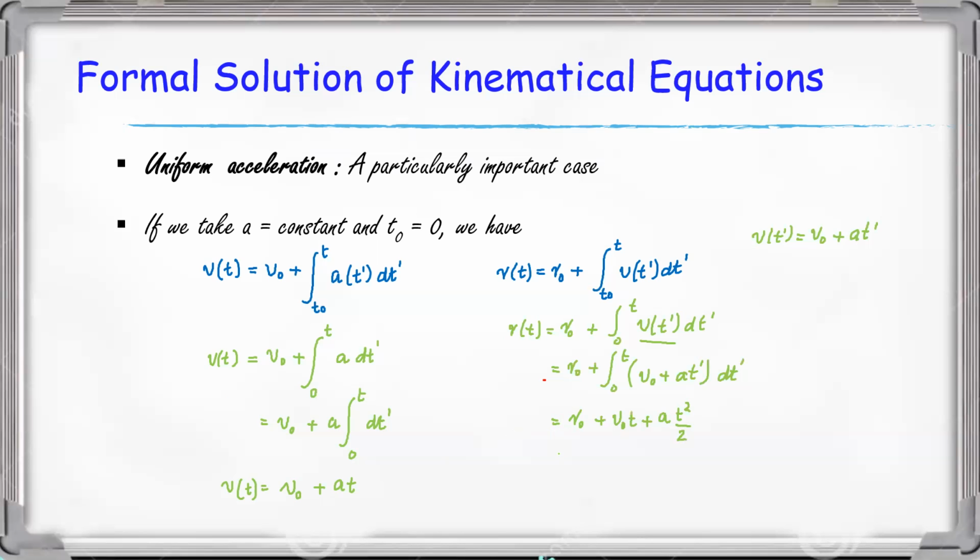The expression is r0 plus v0 t plus a t square by 2.